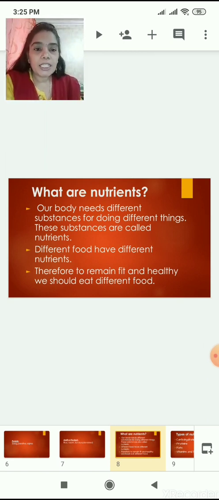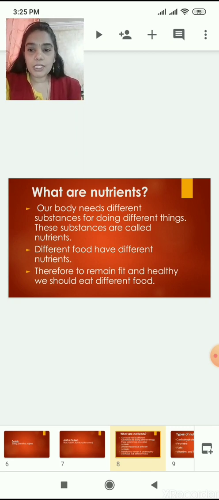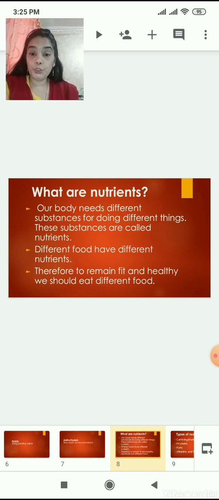We know that each dish is usually made up of one or more ingredients that we get from plants and animals. These ingredients contain some components that are needed by our body. These components are called nutrients.